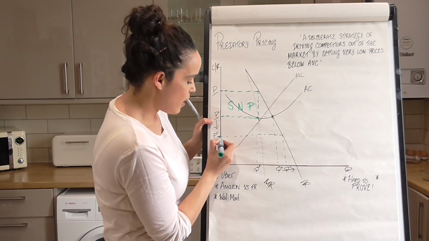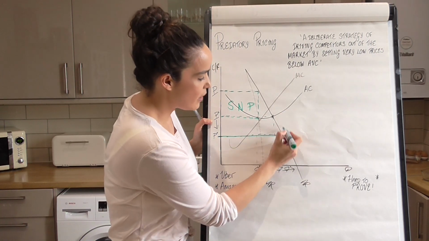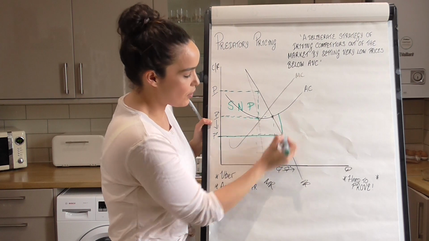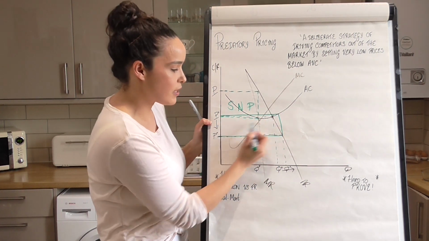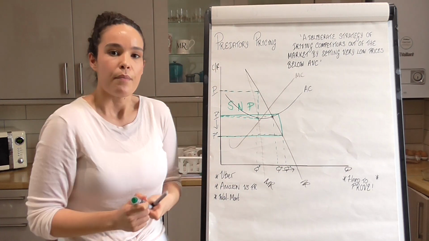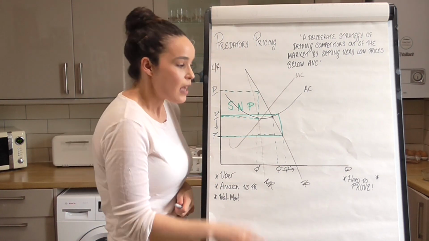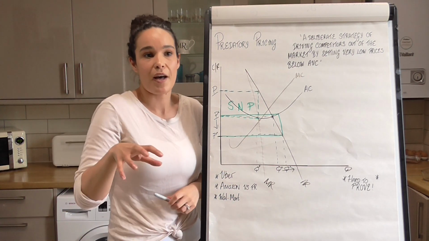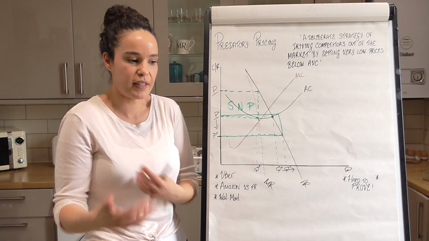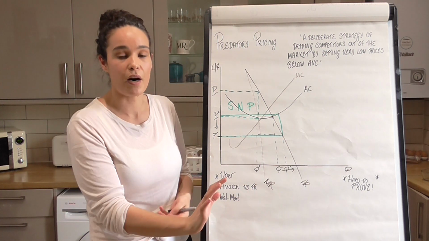This quantity here and the average cost curve is much higher than the average revenue curve. They are making a loss here. But they can sustain that. They can sustain a loss. The chances are that either an incumbent firm, they're deciding to compete against and try and push out the market.